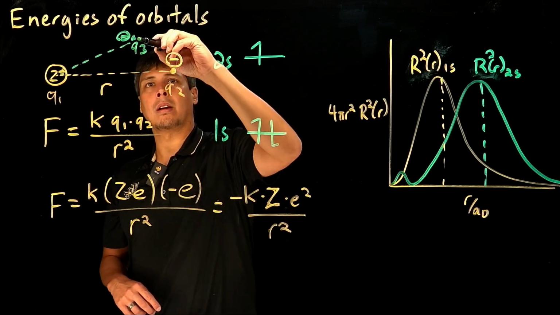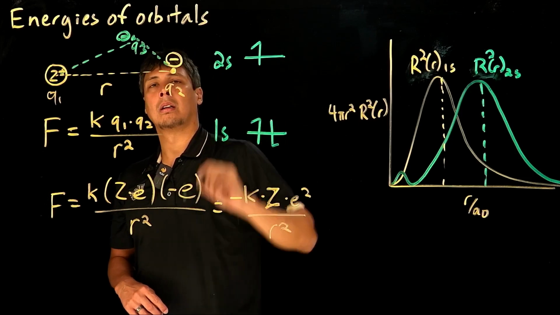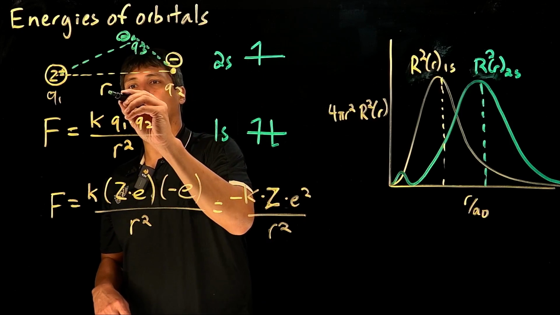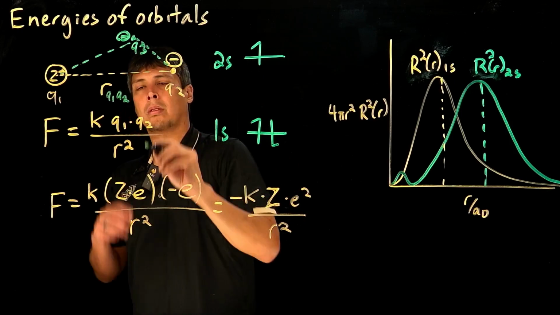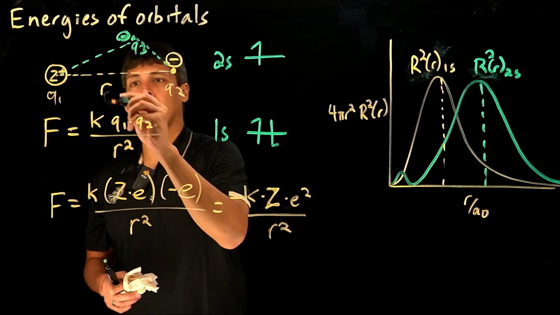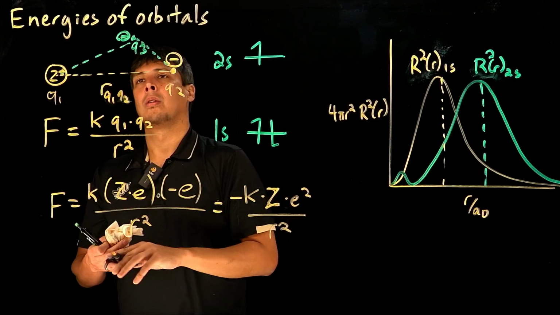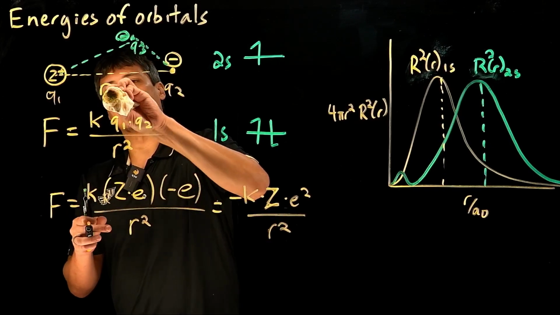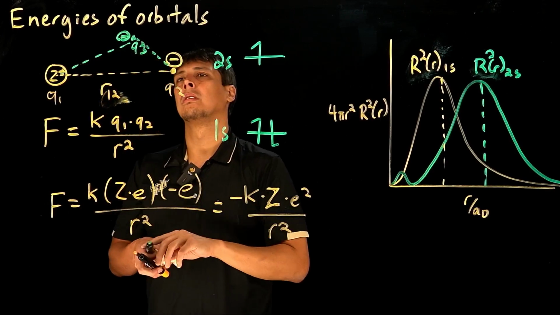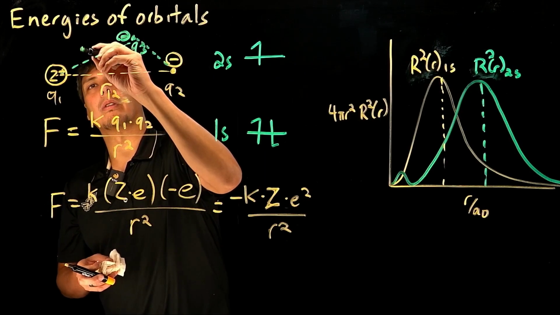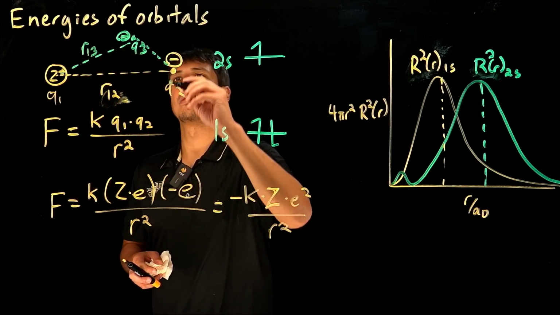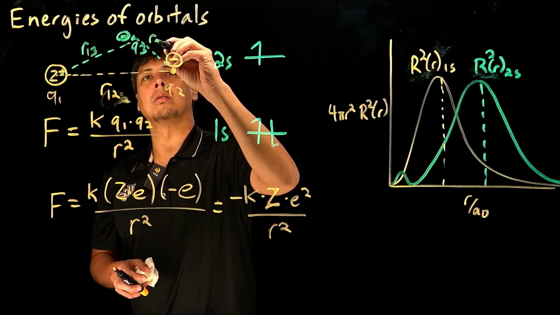But then you have the interaction between the two electrons. And so we have R between Q1 and Q2, or the radius between Q1 and Q2 to think about. Let's shrink that down to just R12. We also have the radius between the nucleus and the second electron, and then the radius between the two electrons.